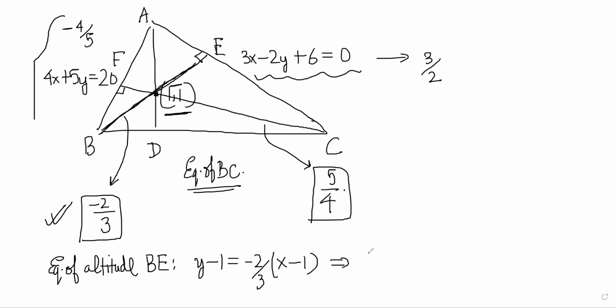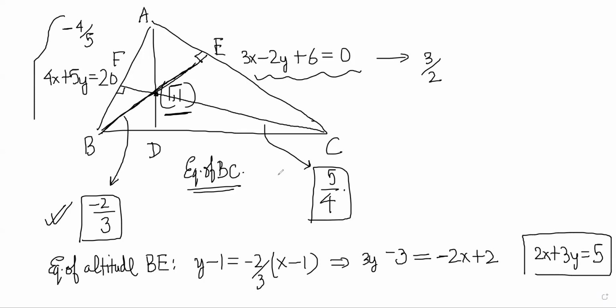So this equation will become 3y minus 3 is equal to minus 2x plus 2. So the equation is 2x plus 3y equals 5. So I have gotten the equation of altitude BE, right? Because I knew the slope of the line BE, because that will be perpendicular to this line's slope, and I already know a point on the line.